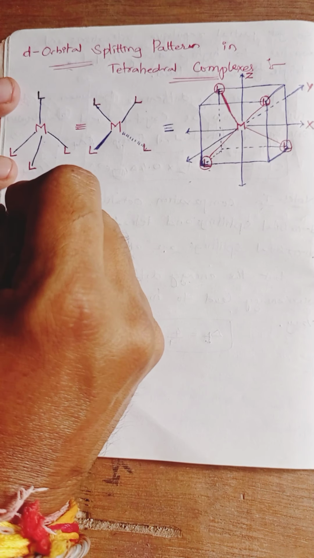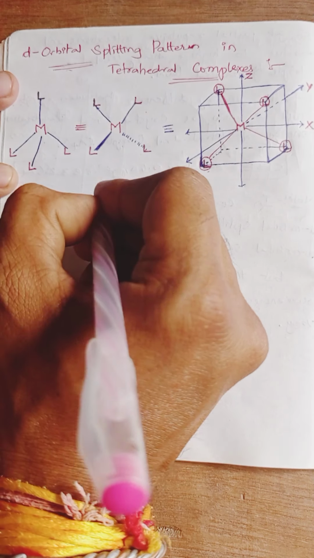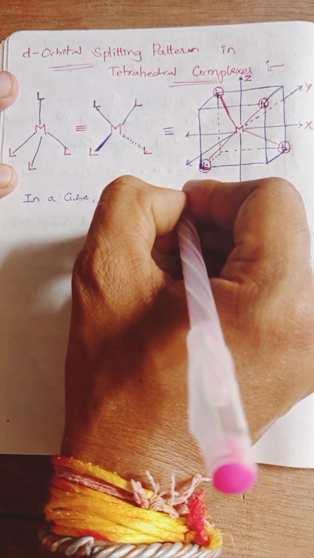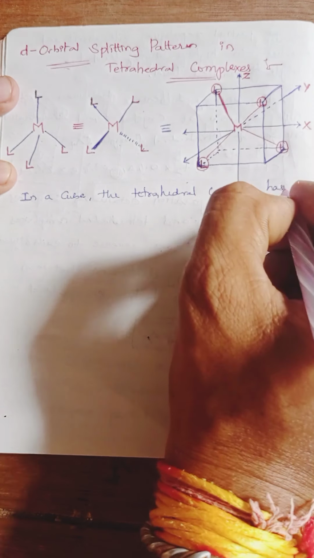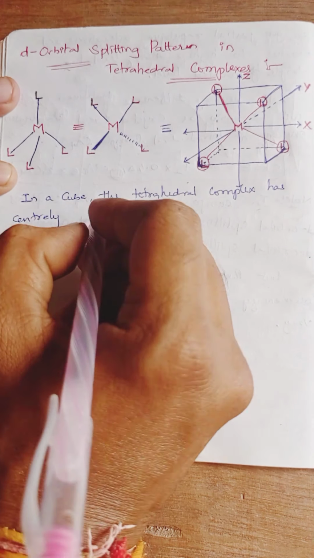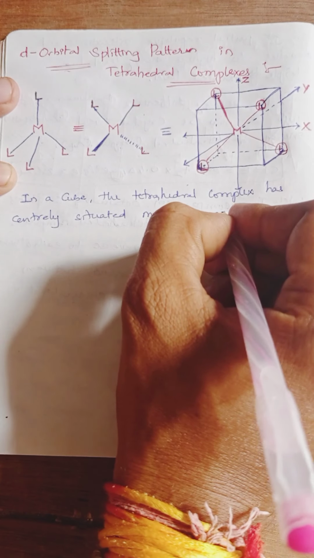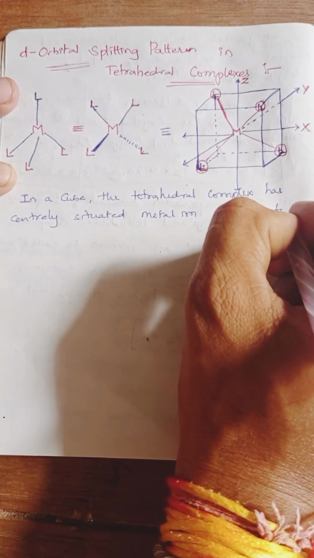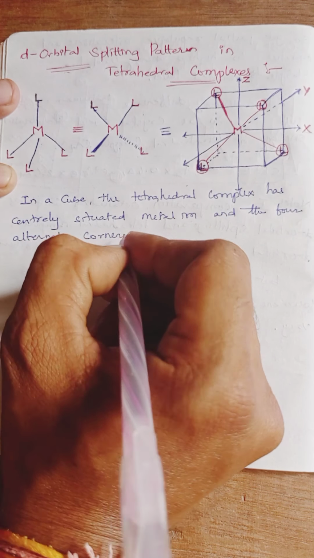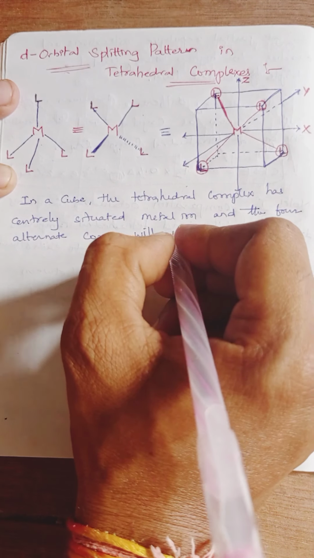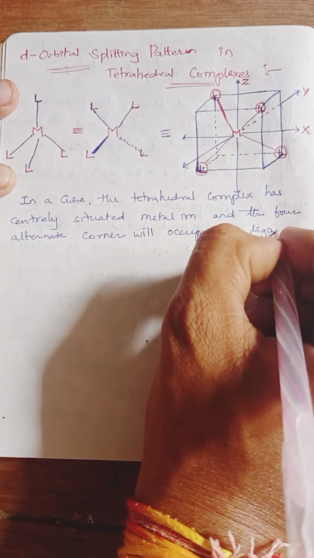So writing the statements: in a cube, the tetrahedral complex has a centrally situated metal ion, and the four alternate corners will be occupied by the ligands, isn't it?